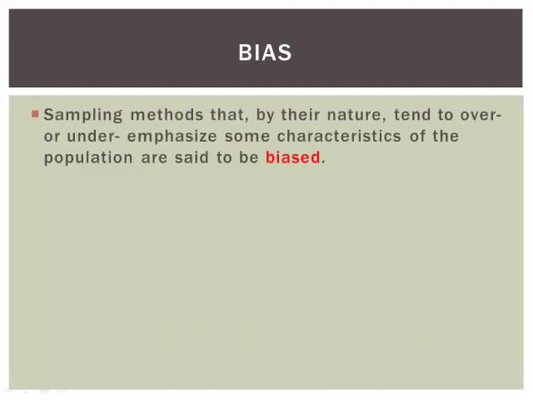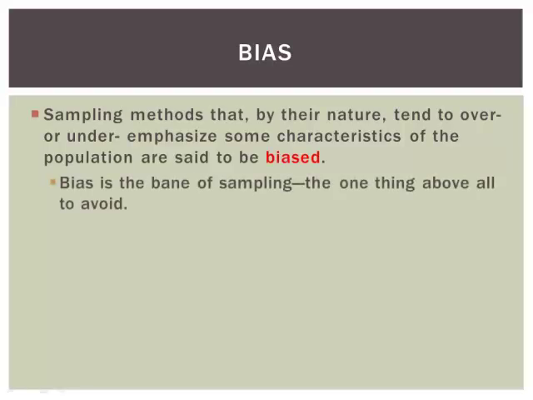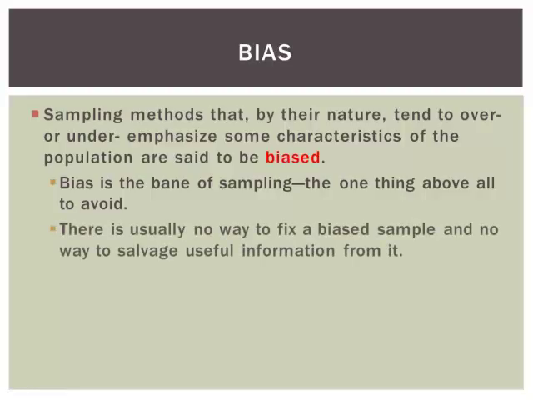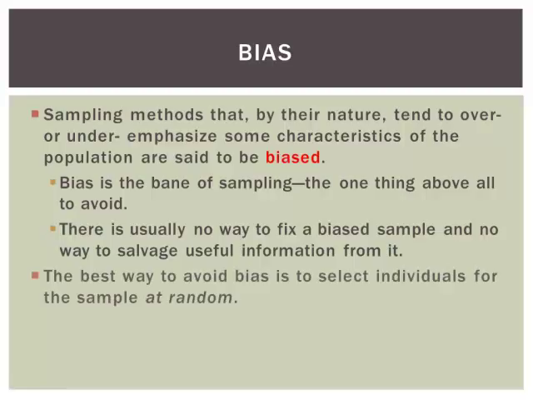Now, bias. Sampling methods that by their nature tend to over or underemphasize some characteristics of the population are said to be biased, as we saw in the last example I mentioned. It's the bane of sampling. One thing above all to avoid is sampling bias. And there's usually no way to fix a biased sample. Once you've taken it, there's no way to salvage anything useful from it.